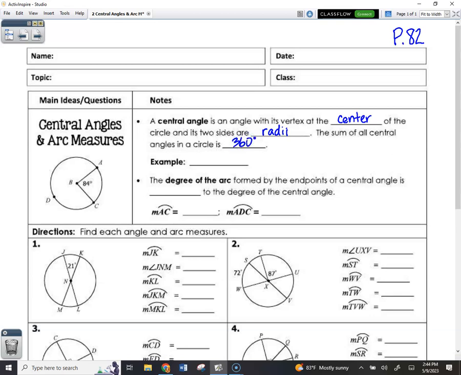So how many degrees is there total around the edge of a circle? 360. An example of a central angle in this picture is angle B, or you could call it angle ABC, or CBA. But you can't call it anything else, right?